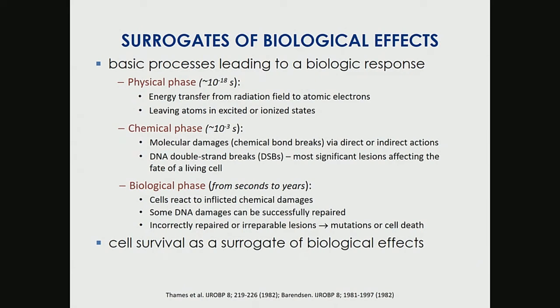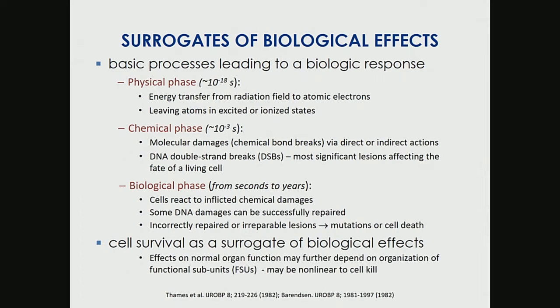Even though radiation-induced cell killing is also detrimental to normal tissues, the effect on a particular organ function may also depend on tissue organization, basically the functional subunits, which can be nonlinear to cell kill. But nevertheless, radiation-induced cell kill has generally been considered to play a central role in the biological response of the irradiated tissue.